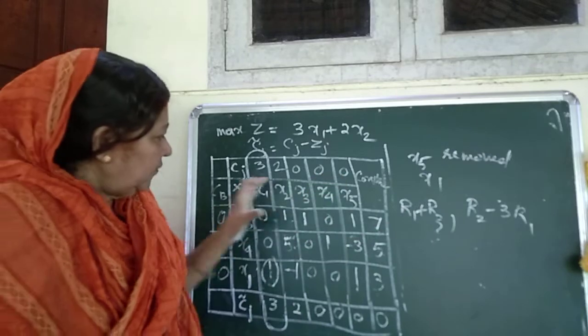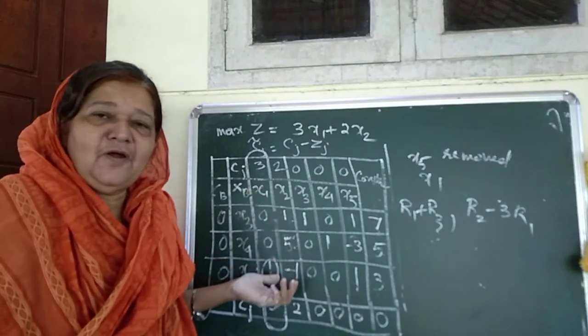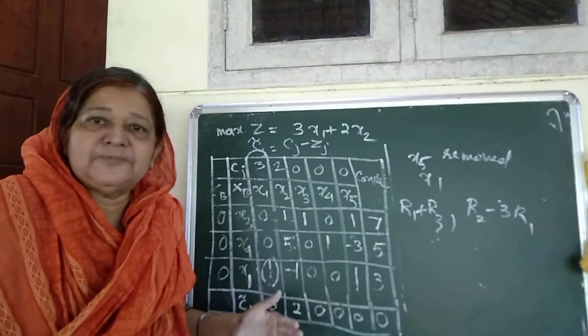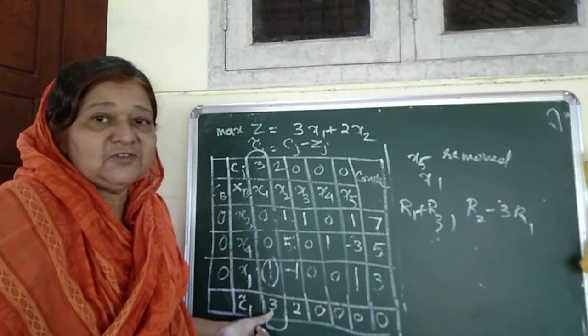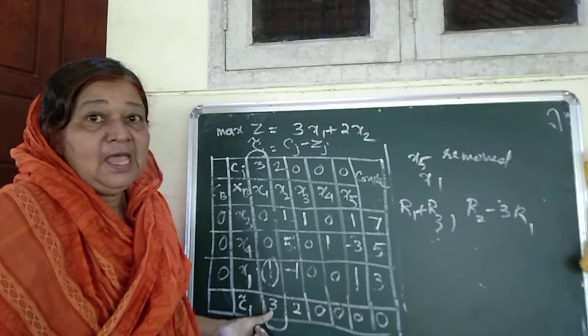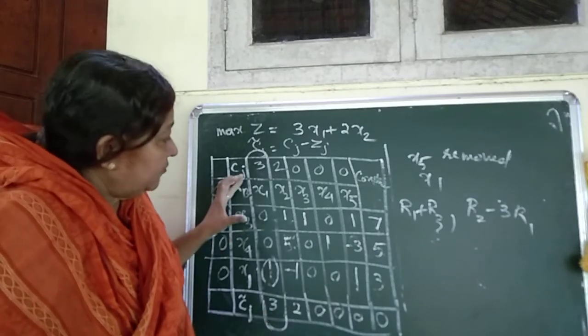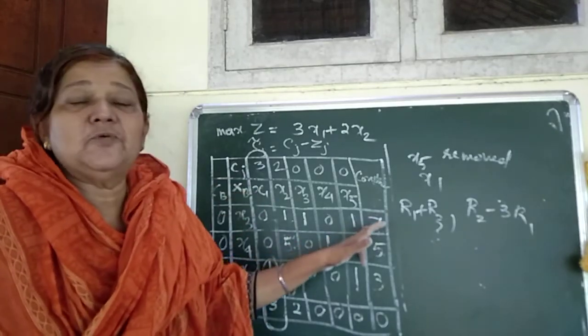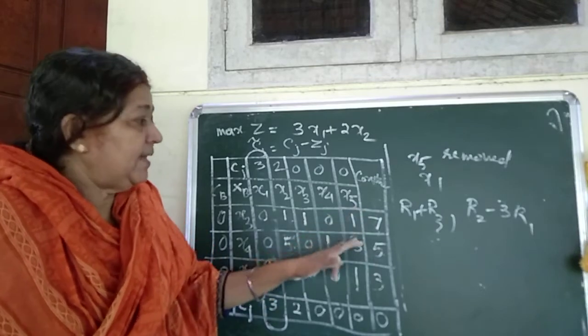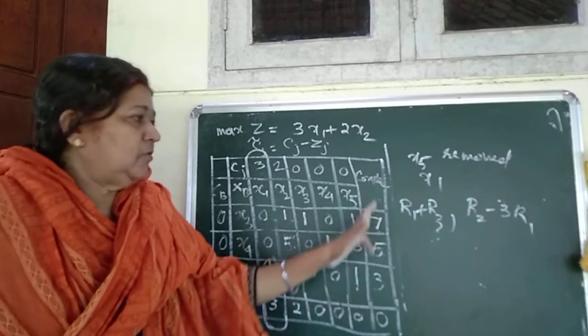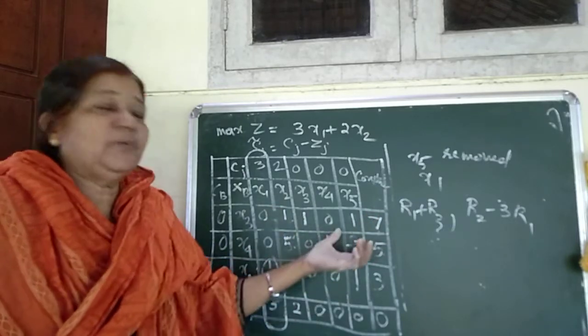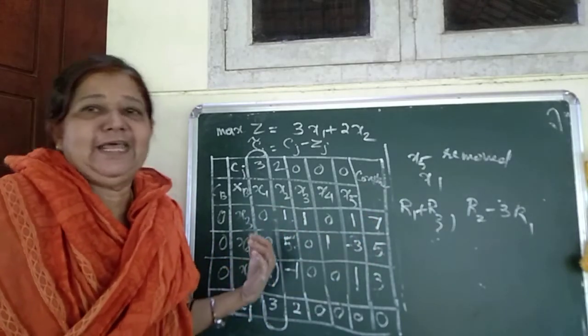So the method is, first of all, if the problem is for optimization, that means maximization, we have to find the greatest value in the profit row. Corresponding to that value, we have to check which value is optimal. Minimize the ratio of the constants by xij, provided xij is greater than 0.